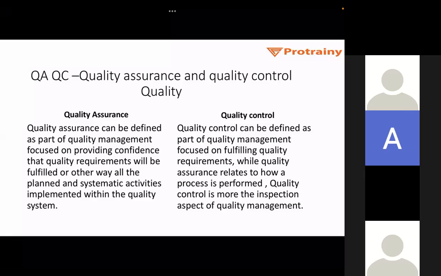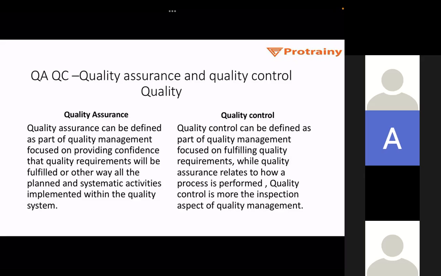And what is quality control? Quality control can be defined as part of quality management focused on fulfilling quality requirements, while quality assurance relates to how a process is performed. Quality control is more the inspection aspect of quality management.